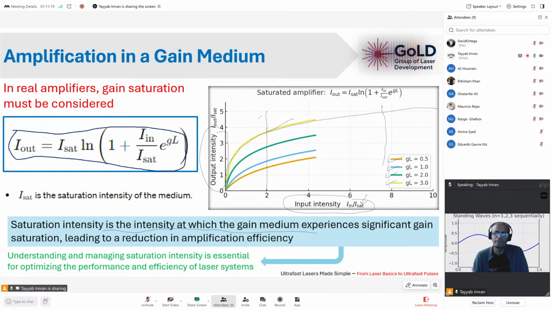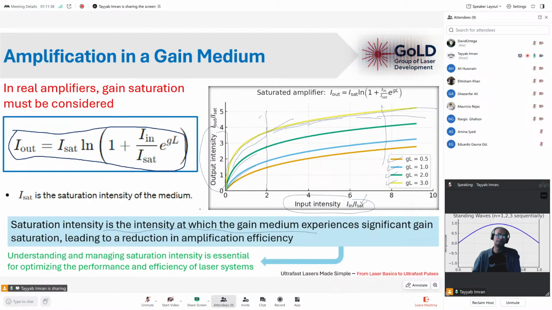In the beginning, the increase is rapid. After that, it becomes slower and slower, and at a certain point the output intensity is not increasing that much even though the input intensity is increased, because of this gain saturation.